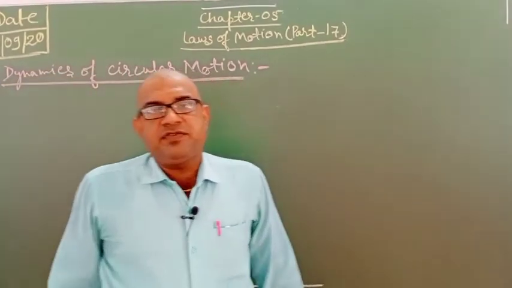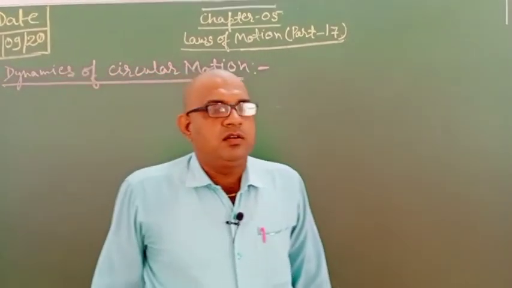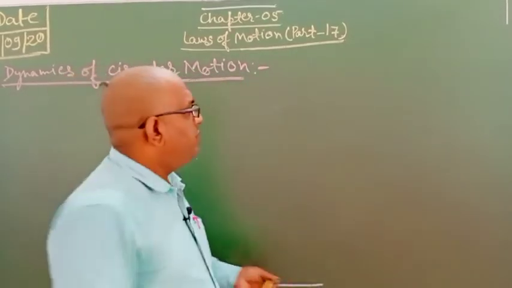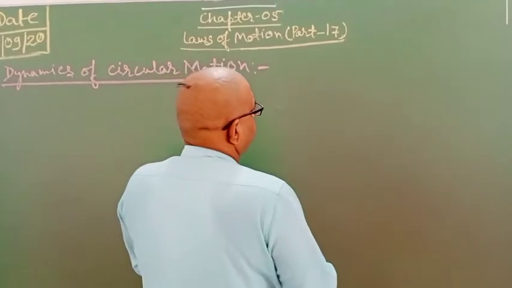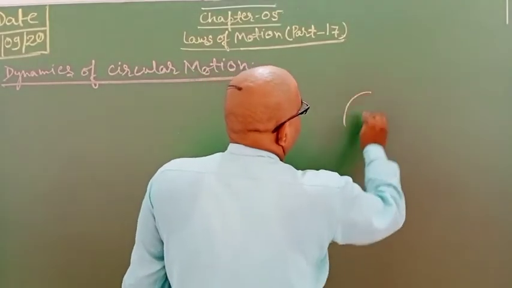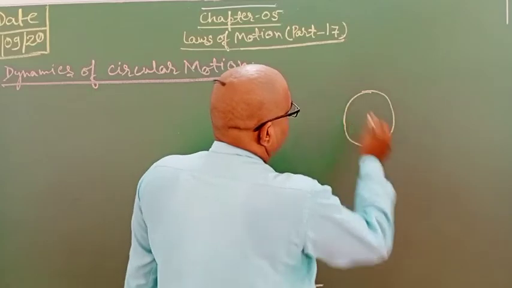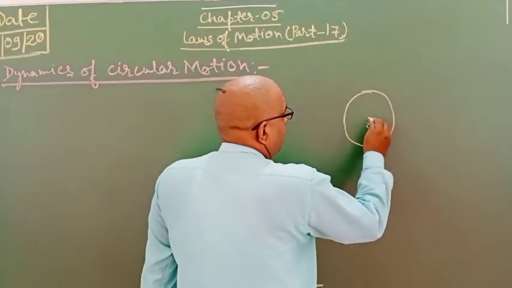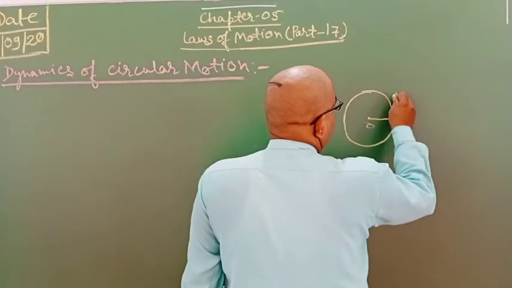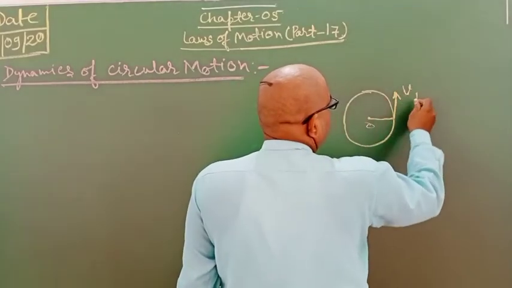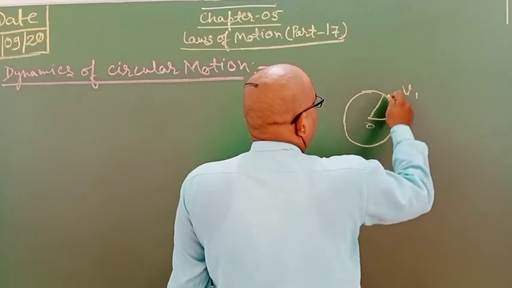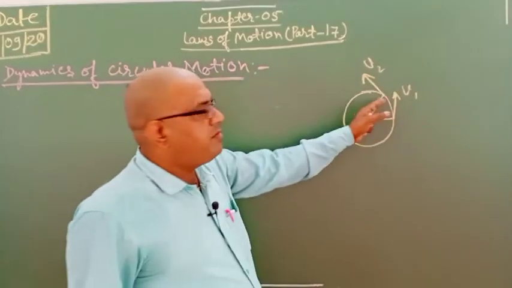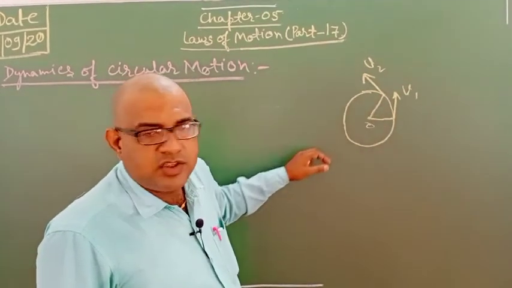In the previous cases, we had discussed circular motion, in which if a body is moving along a circular path, this is the center O, and suppose the body is moving in this direction, this is V1, then at this time this is V2. At each and every moment of time the velocity is changing.